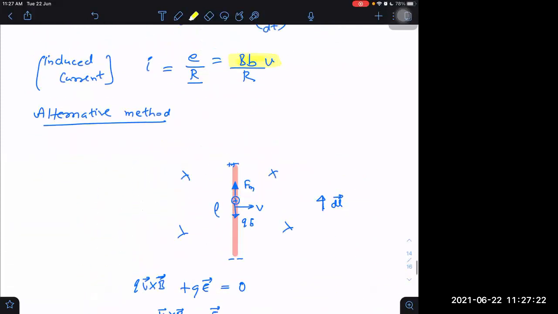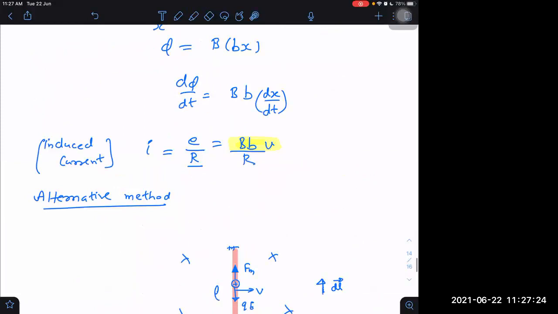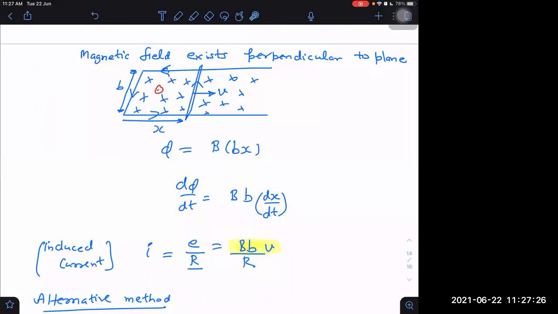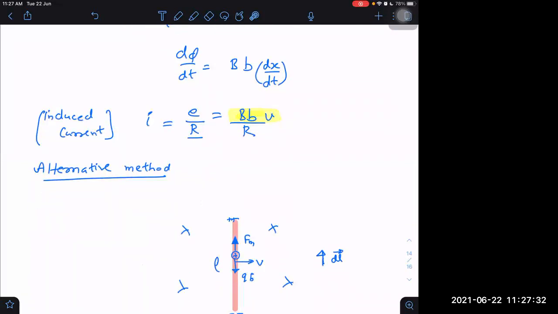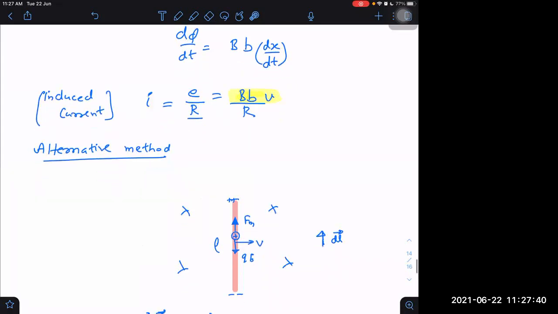So you see one thing: surprisingly, what I'm explaining by Faraday's laws, that rate of change of magnetic flux produces EMF, the same thing I'm able to say without using Faraday's laws, by just considering the force acting on some charges inside.